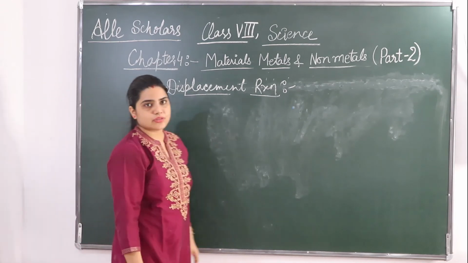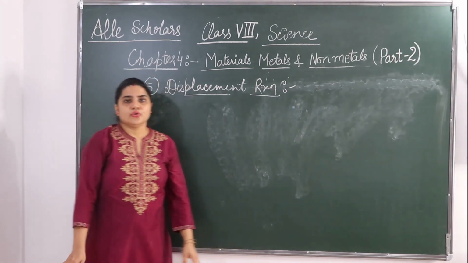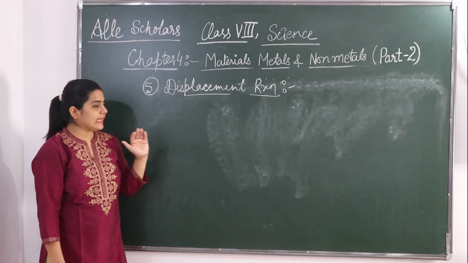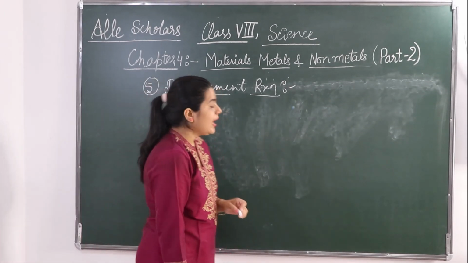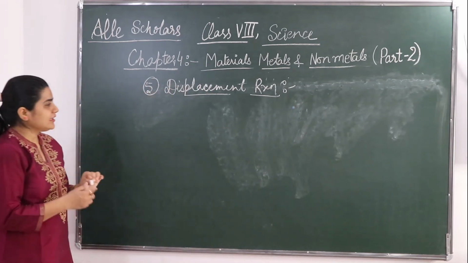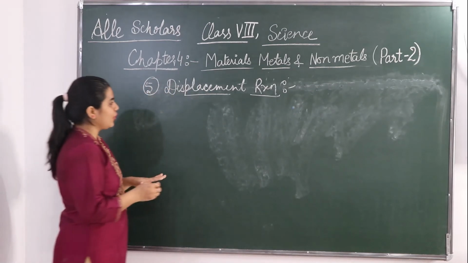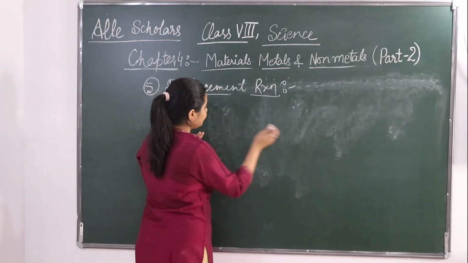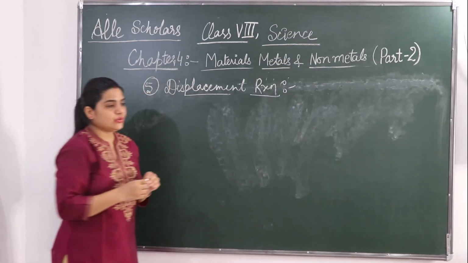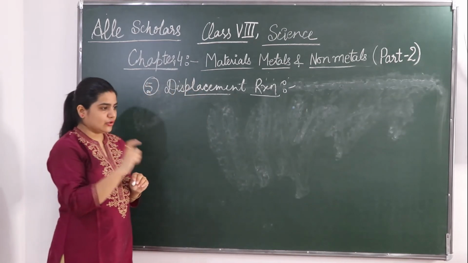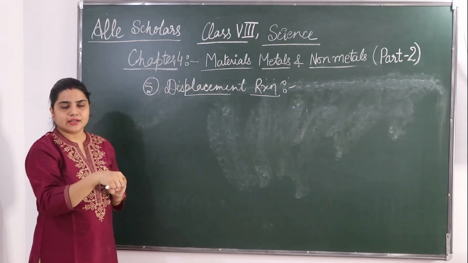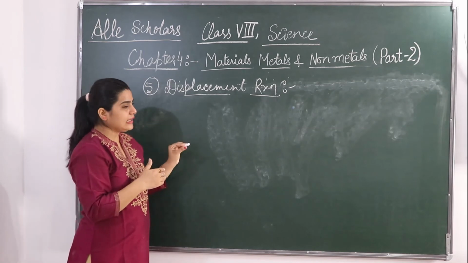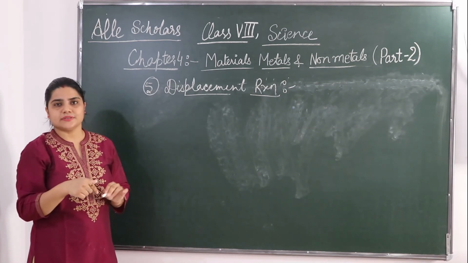Again we are going to do some experiment. Take a clean wire of copper and an iron nail. In the copper wire solution we add iron sulfate, and in the iron nail we put copper sulfate.